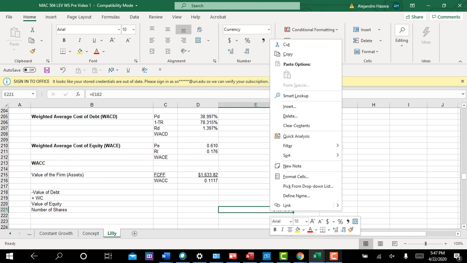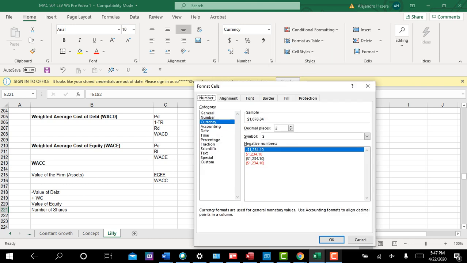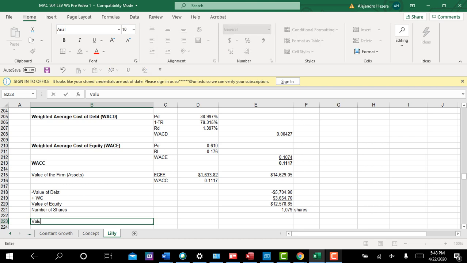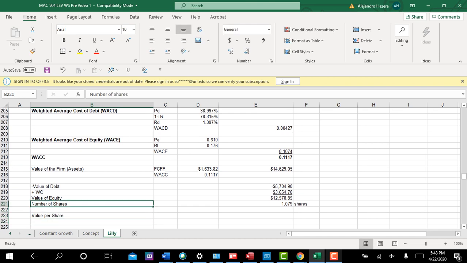Let's do a better job of formatting this thing. So currency number is going to be, I think it was 1079, doesn't really matter. Okay, 1079, and I'll put in shares there. So under the weighted average cost of capital approach, I'm going to get a value per share equal to the value of equity.